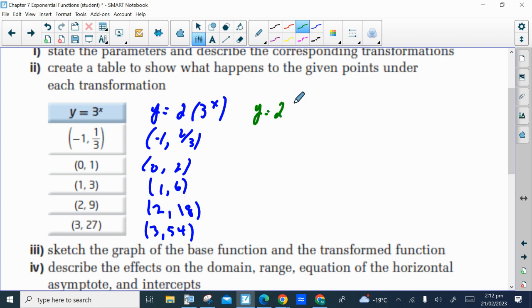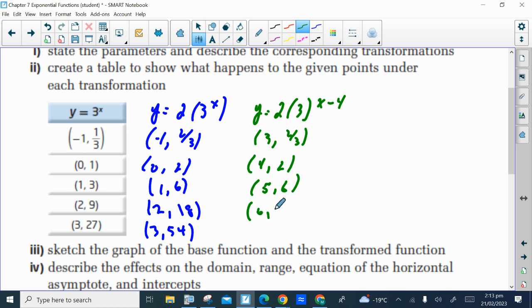So now if we add this into the equation, if you shift it 4 to the right, that means you're going to add 4 onto all the x values. The y values won't change this time around, but we're going to add 4 onto all of the x values.